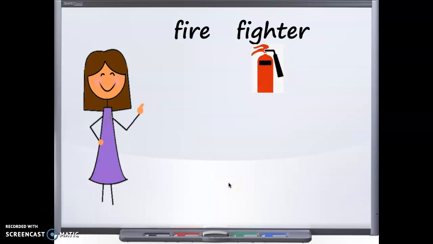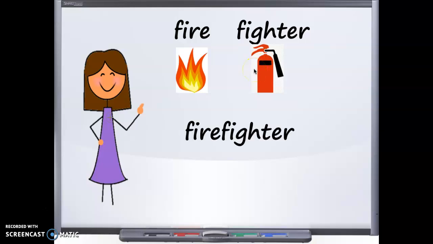All right, let's look at the word firefighter. Now, I have broken up firefighter into two words. Fire, we all know what a fire is, and fighter, something that puts out the fire. Well, if I put them together into one word, it makes the compound word firefighter.